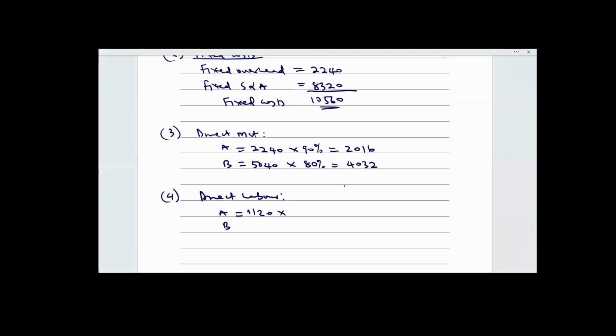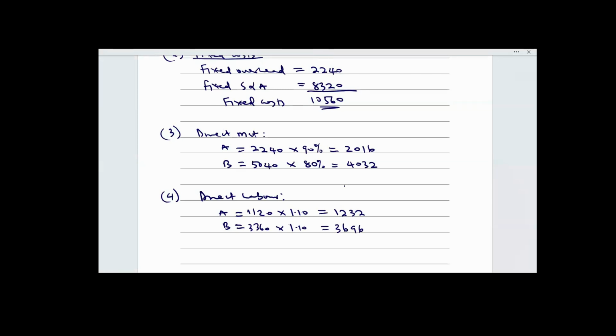So if it will increase by 10%, that will be 1.1. So what do you get? 1232. Then what's the total direct labor cost for B? That's 3360 multiplied by 1.10. What do you get? 3696. Okay, let me write that.